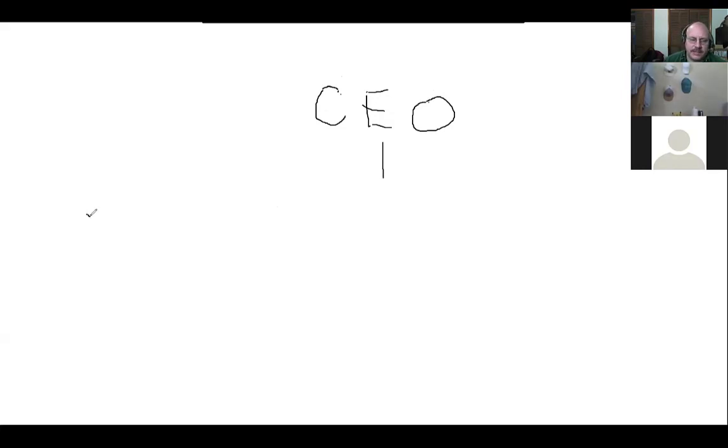Underneath them is the VP of finance. And underneath the CEO is going to be the CIO, and other people, the VP of sales, and we can go on and on with all the people there.